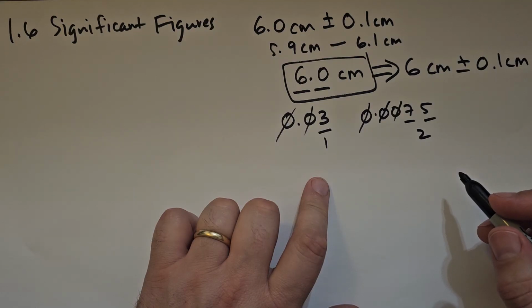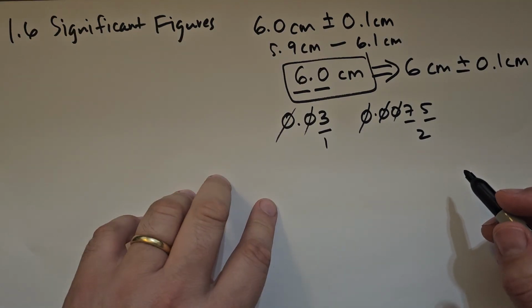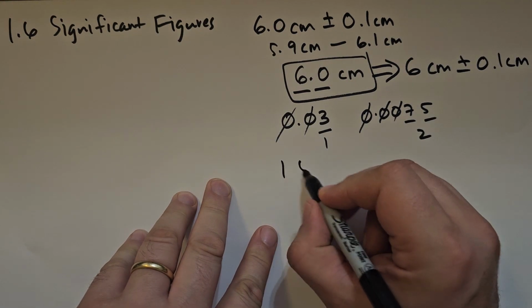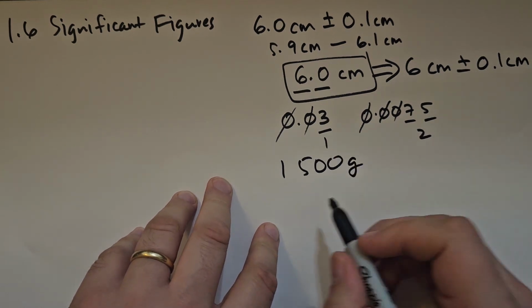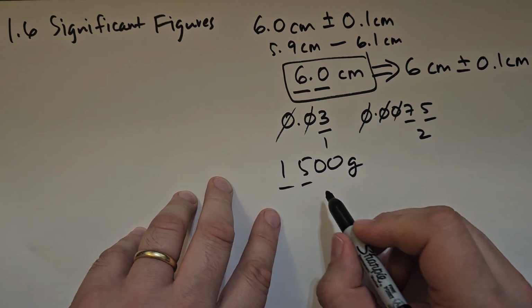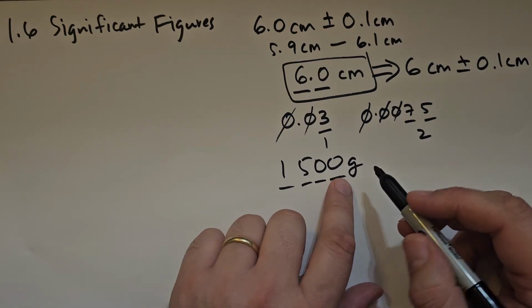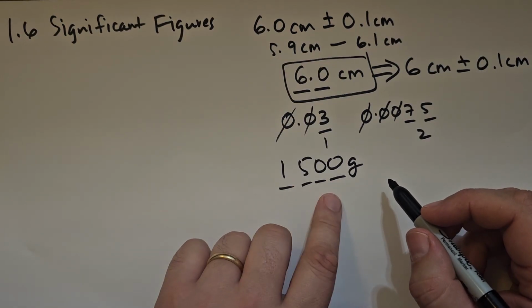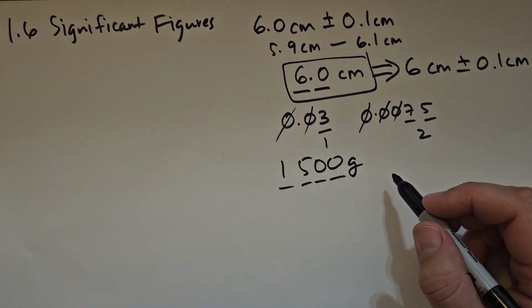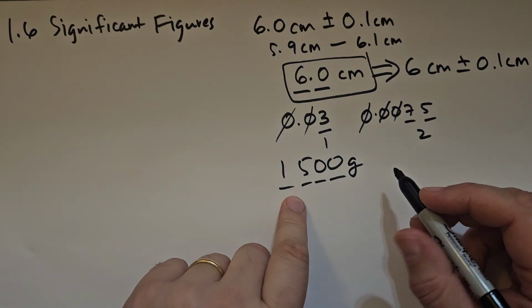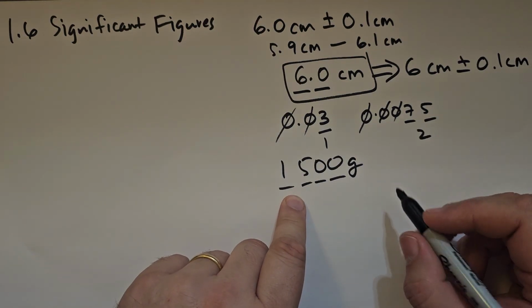When the zeros come after other digits, there's a little bit of confusion. If we have 1,500 grams, is this two, three, or four significant figures? We cannot tell. It's ambiguous, right? It could be 4, could be 3, could be 2. So we always rewrite something like this in scientific notation.